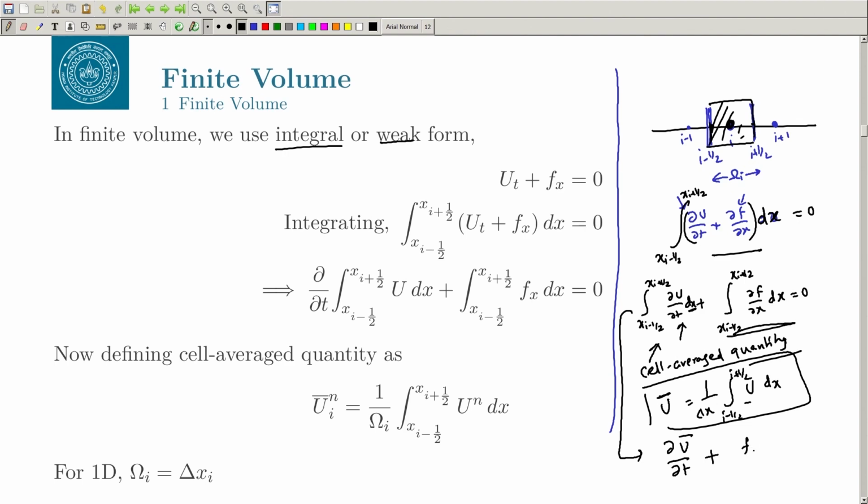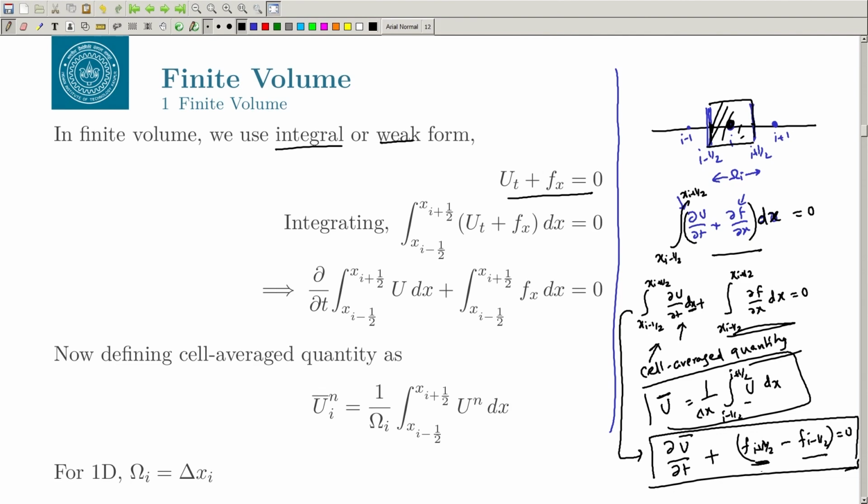So, this will become F I plus half, which is nothing but the flux evaluated at I plus half, minus F I minus half, is equal to 0. See what we did: we took a differential form and integrated it in the cell. I am showing it for the I-th cell, but we are going to do it for every cell, and this is the final form that we are getting: du bar by dt plus F I plus half minus F I minus half equal to 0.